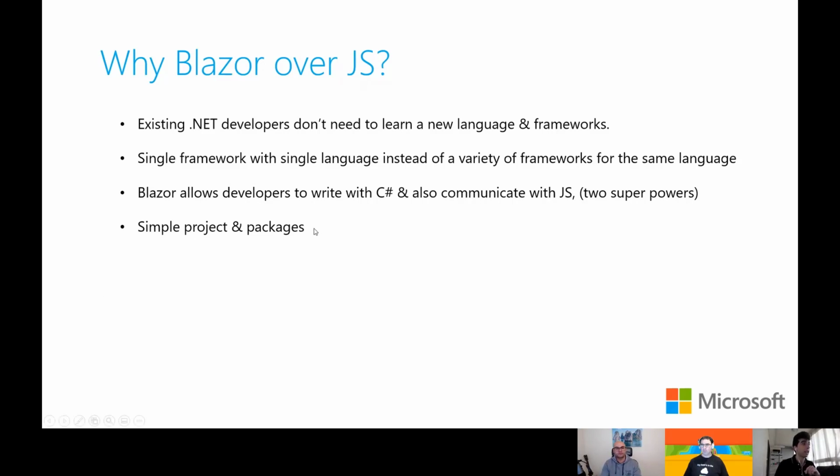Yeah, that's right. If you have, for example, a Razor Pages application, you can have some components getting rendered there and leverage the power of Blazor. So this communication exists. And as you said earlier, you already have the capability to pre-render some components on the server and bring them to the client.